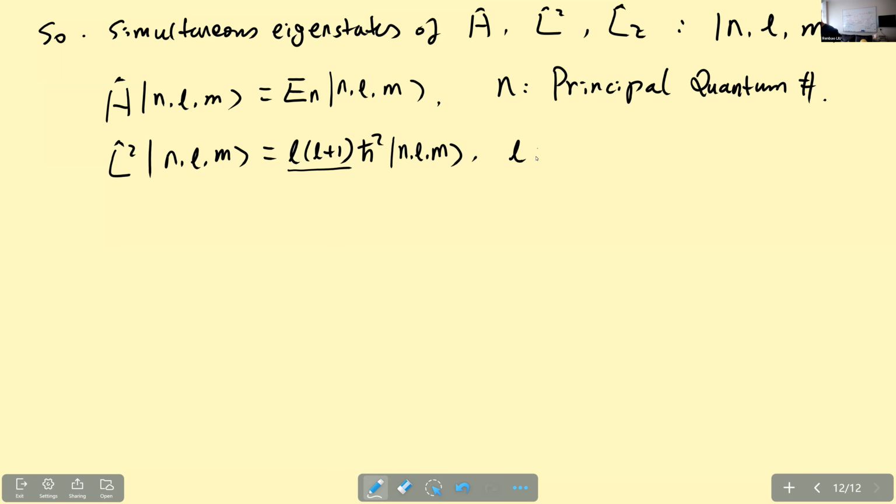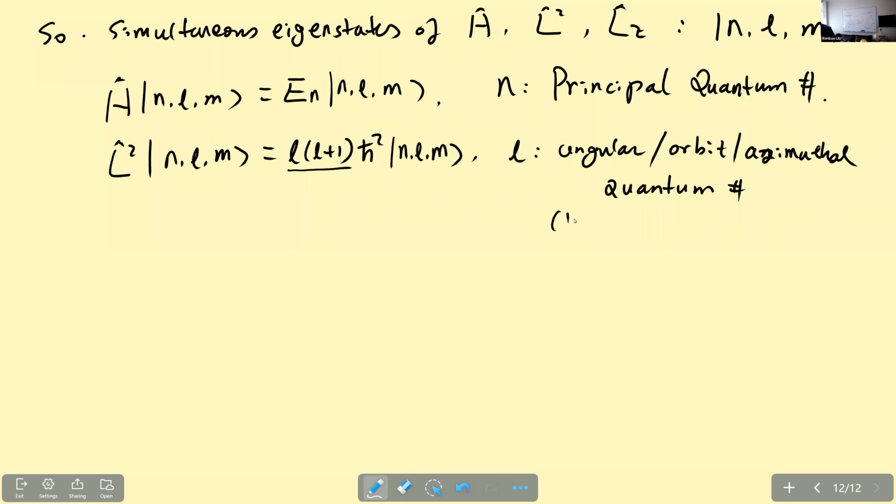This l is called the angular, or orbital, or azimuthal quantum number. The values of l are to be determined.